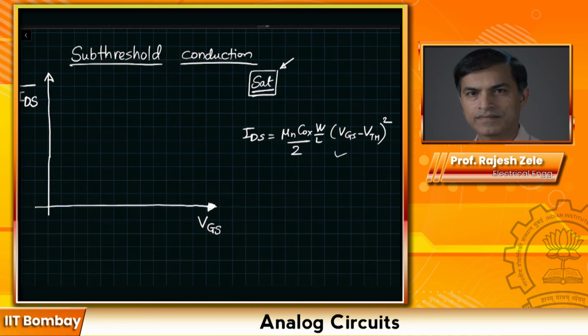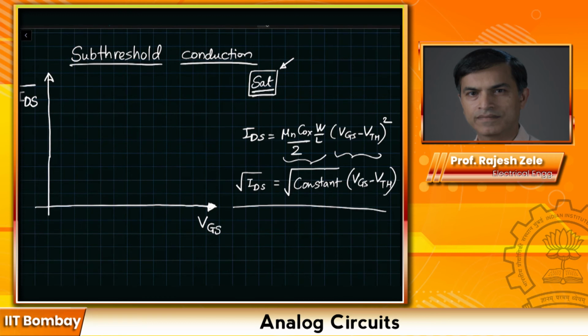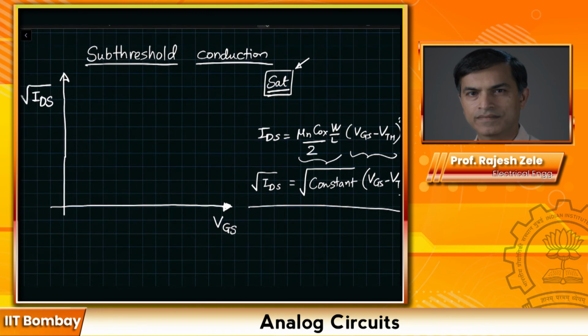Before we get there, let's write the square root equation, which is square root of IDS is equal to square root of, let's say this is constant, times VGS minus VTH. If you look at this expression, then you will quickly say that if VGS is equal to VTH, then square root of IDS should be 0. And that's exactly what we would expect here.